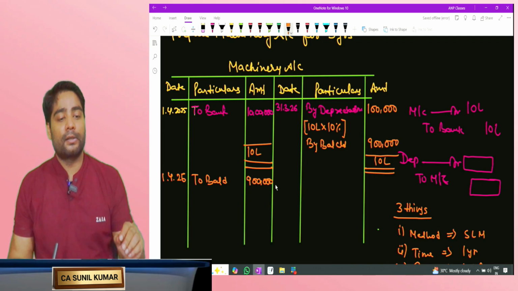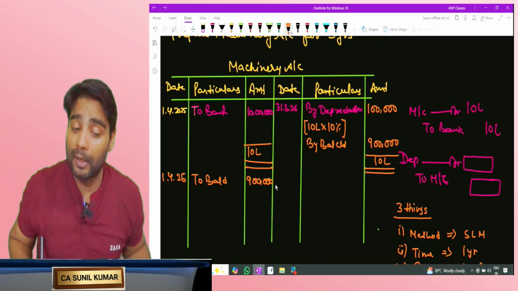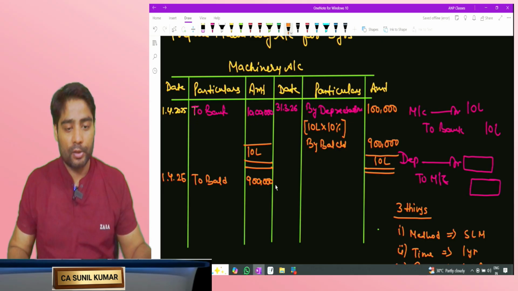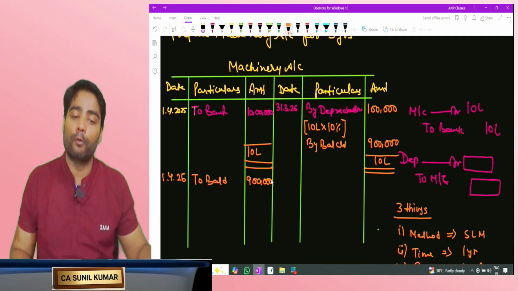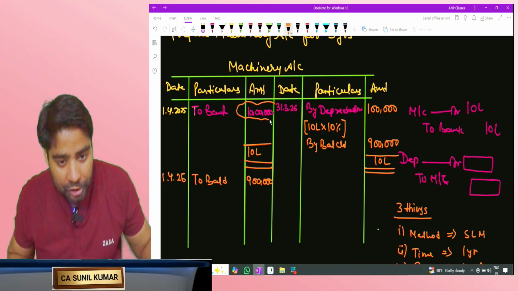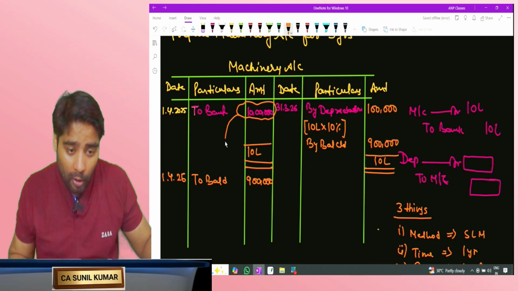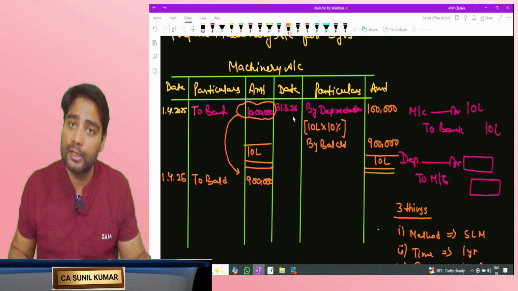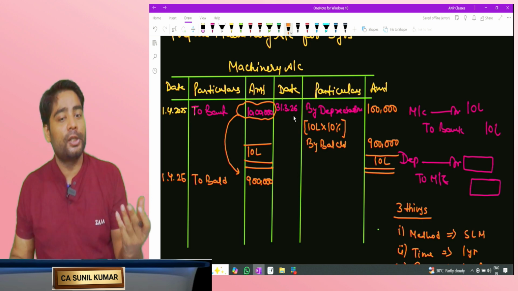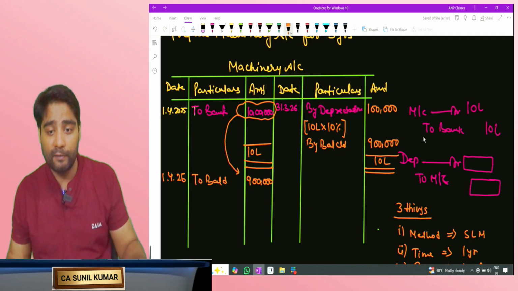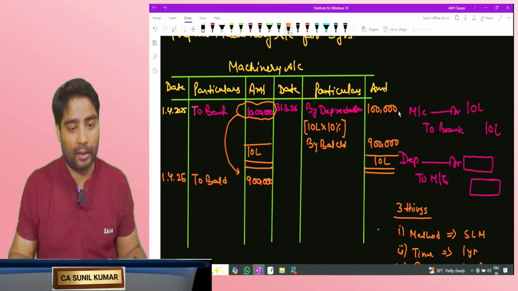On opening balance on 1st of April 2026, how much value is the machine showing? Sir, machine account is showing value of rupees 9 lakh. So if I have purchased the machine for 10 lakh, but if I check the balance sheet on 31st March, the value of machine will be shown for rupees 9 lakh because we have charged depreciation of rupees 1 lakh.